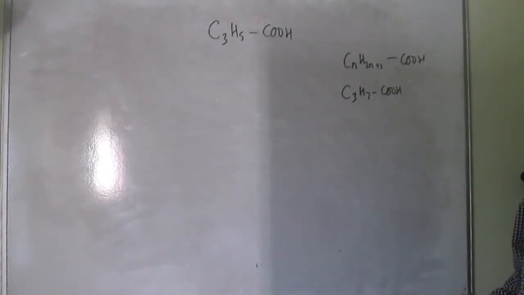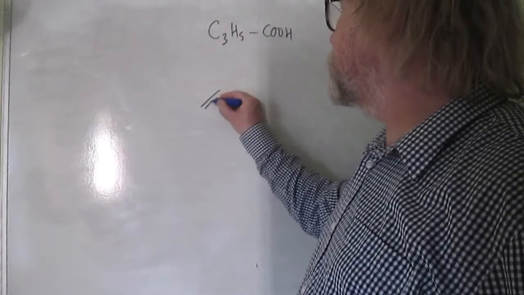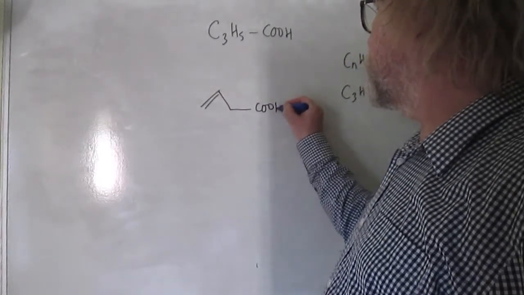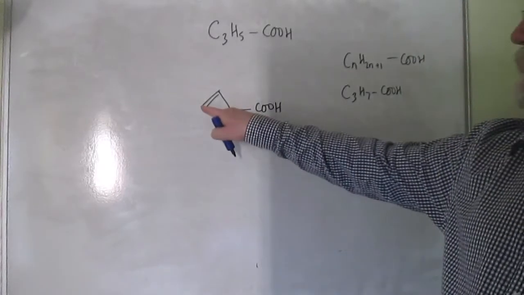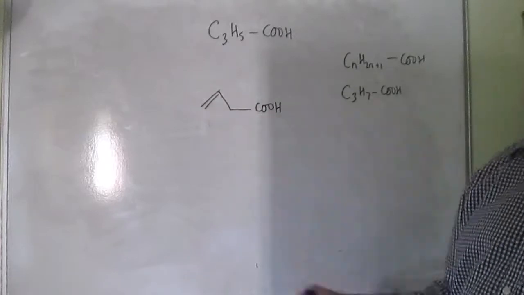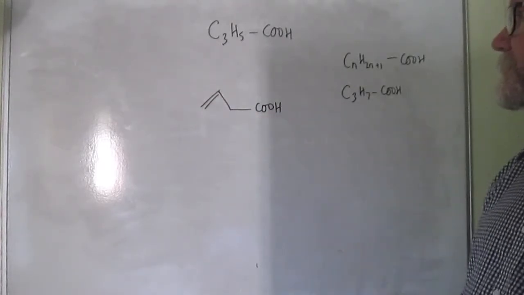And it also tells us that it's a cis stereoisomer. So if we think about what the possibilities are, C3H5 could be that with a COOH, but that can't have a cis isomer because it's got 2 hydrogens at this end. And if you have 2 groups the same attached to one of the carbons in the alkene group, you don't have cis trans isomerism.